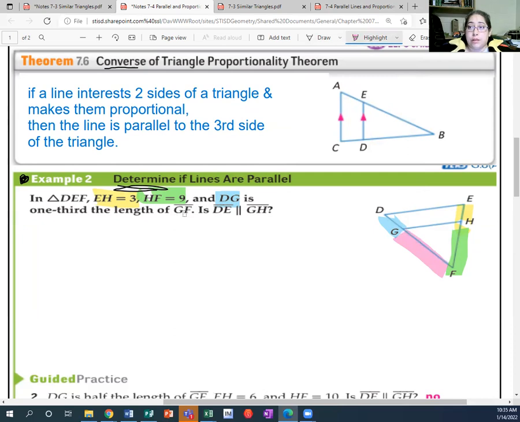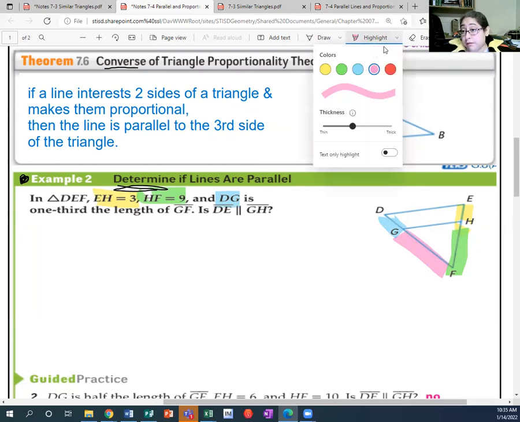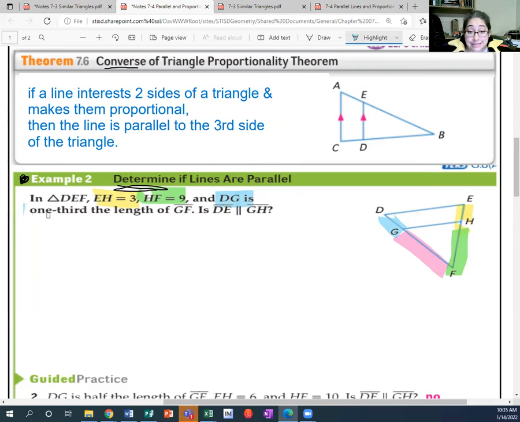Miss, you said we were given DG, but there's no number here with DG. You're wrong. You're right. There is no number there, but look, it says DG is. That means that there's an equal sign somewhere. DG is 1/3 the length of GF.